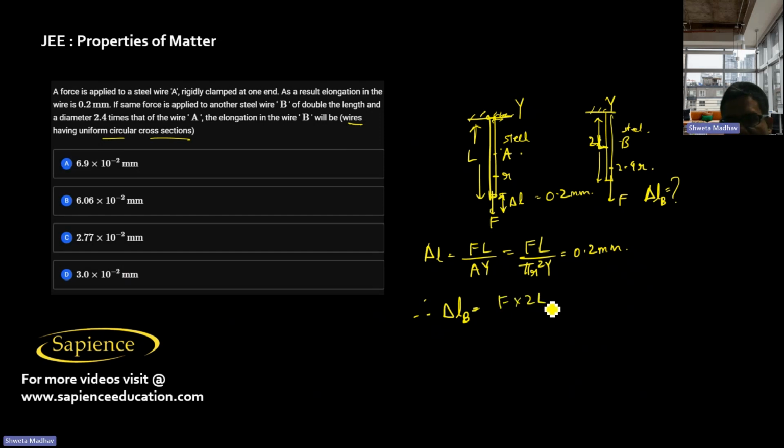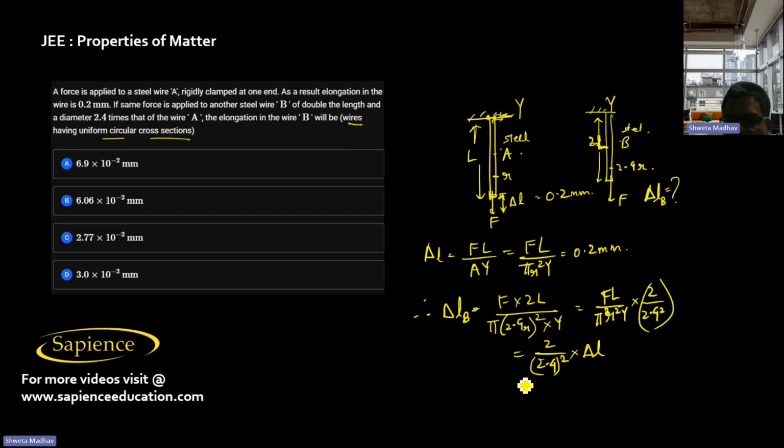Now the delta L B, which is the elongation in wire B, will be F into 2L by A, that is pi into (2.4 R) square into Y. So this will be FL by pi R square Y into 2 by 2.4 square, which is equal to 2 by 2.4 square times the delta L of wire A. So the elongation in wire B is 2 by 2.4 into 2.4 into 0.2 millimeter.